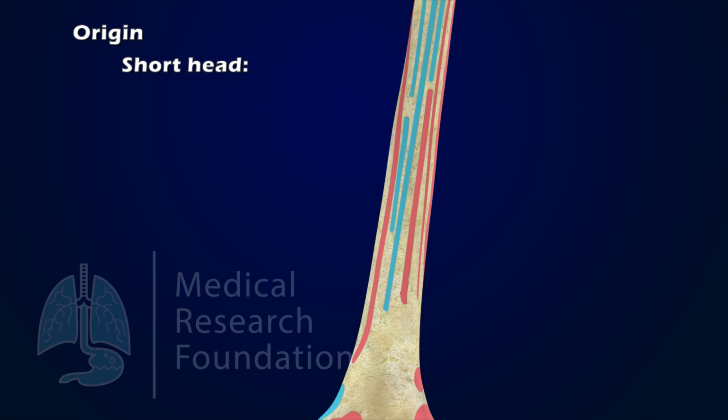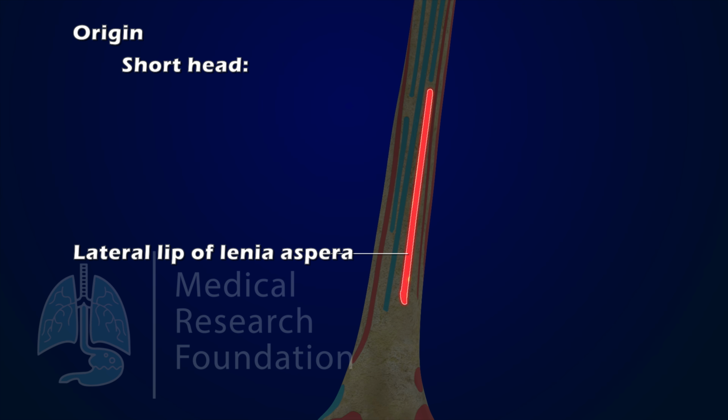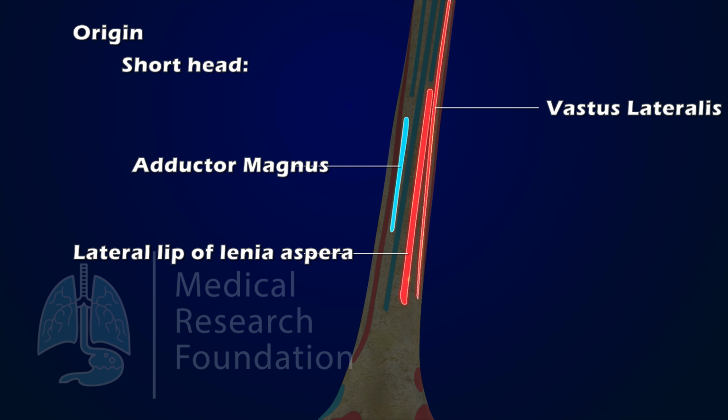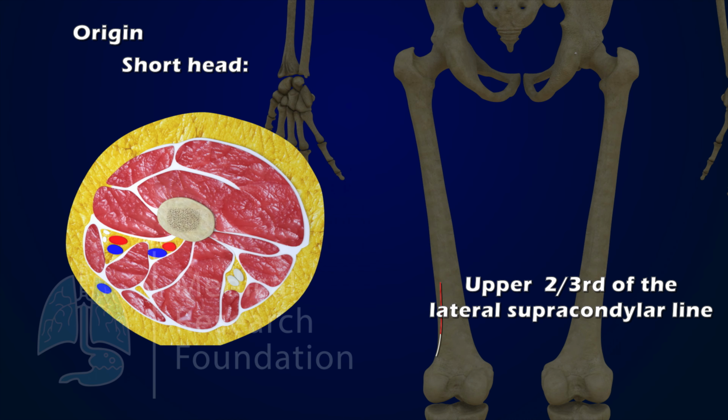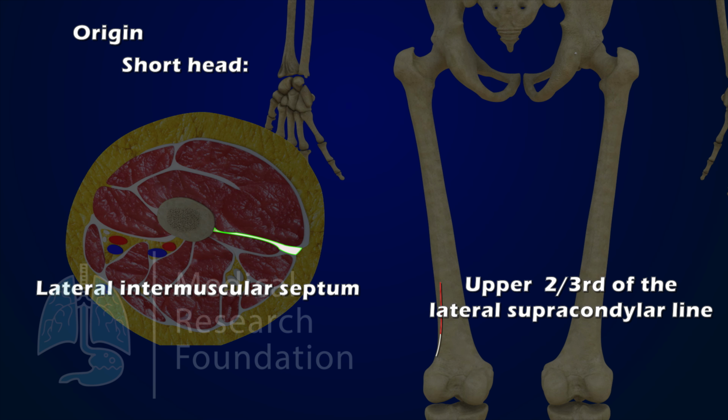Short head, from the lateral lip of linea aspera, between the adductor magnus and vastus lateralis, from the upper 2/3 of the lateral supracondylar line and from the lateral intermuscular septum.